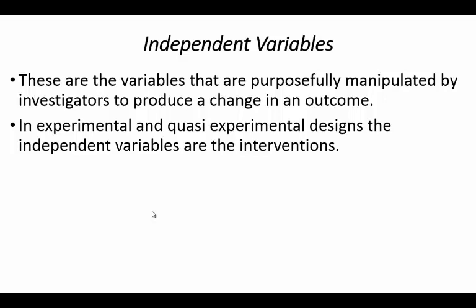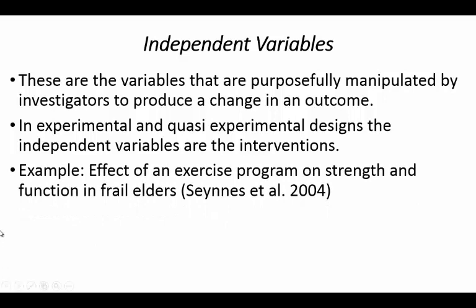So all of these things are interventions. These interventions are independent variables. For example, there is a study here by SINS, and the study looked into the effect of an exercise program on strength and function in frail elders. Frail elders are the very old people who are very, very weak.